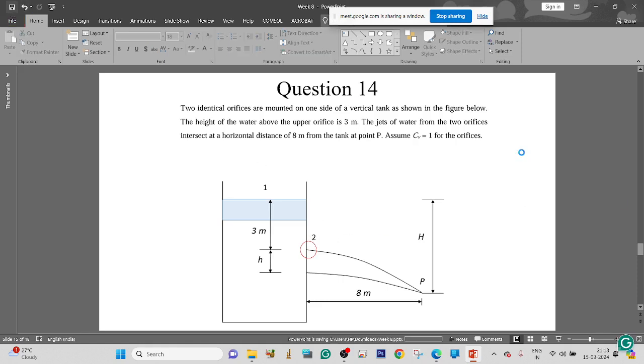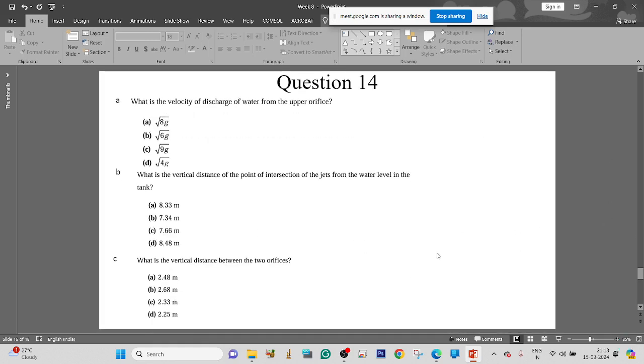Then by applying Bernoulli equation between these 2 points, we will get u1 square is equal to 6g. So u1 is equal to root 6g. That means option B, right? So this one is the option for the first question.